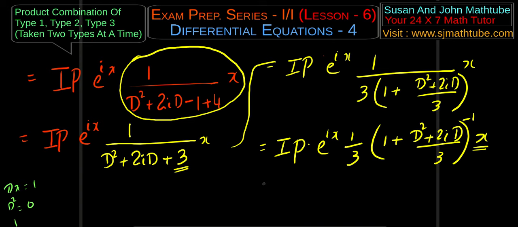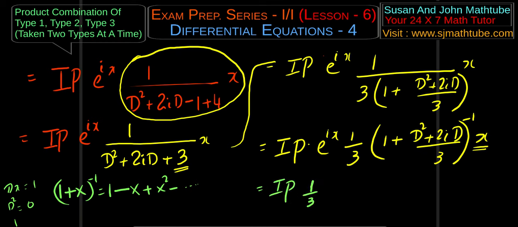So this is the same as, and I hope you remember, 1 plus x the whole power minus 1 is 1 minus x plus x square minus dot dot dot. So this is equal to imaginary part of 1 by 3 e power ix, and this will simplify to 1 minus d square plus 2id by 3. Actually it goes to infinity, but I'll stop with this term.